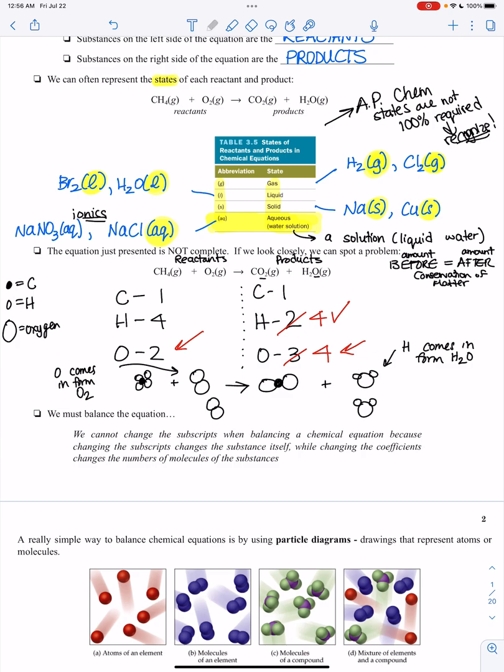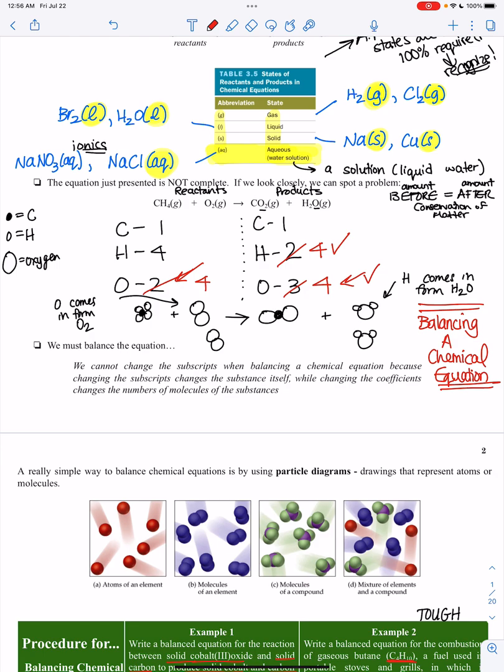And if I do this, now that 2 becomes a 4, and we are conserved. This whole process is called balancing a chemical equation. So we just balanced, meaning balancing the matter, we just balanced our first equation together.